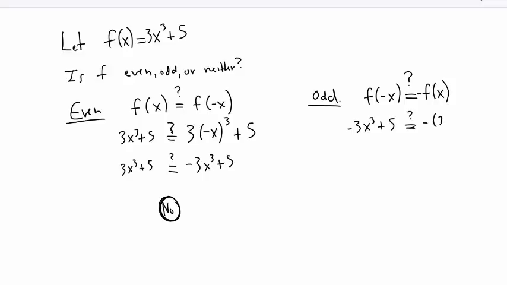Minus f of x is minus 3x cubed minus 5. So they each have the term minus 3x cubed in them, but one has the term plus 5, the other minus 5. So no, they're not equal, and the function is not odd. So it's neither even nor odd.